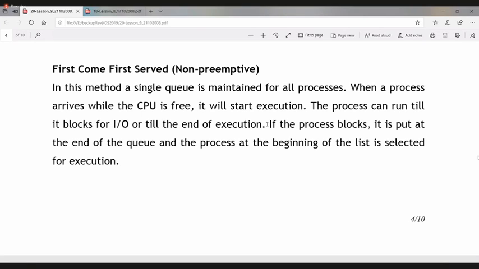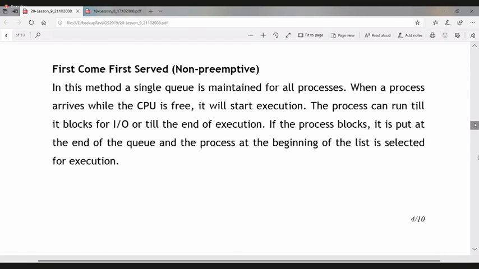So if you are blocked, you join again at the end of the queue, and the one at the beginning is selected for execution.